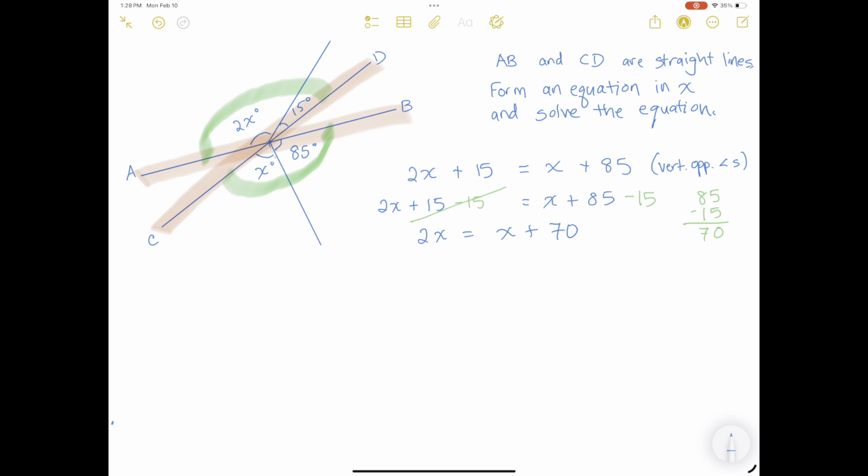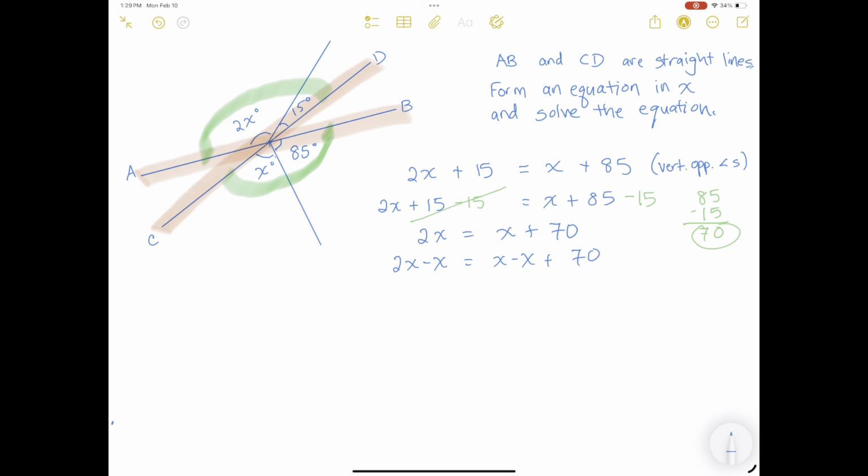So I have 2x equals x plus 70. Now I bring the variables to the left-hand side of the equation by subtracting x from both sides. So I rewrite the equation on the next line, giving plenty of space to show work. I subtract x on the right-hand side and x on the left-hand side.